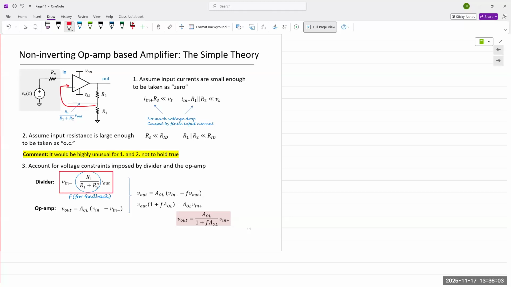Now let's designate R1 over R1 plus R2 as F, notation F for feedback ratio. Okay, so F is equal to R1 over R1 plus R2. Therefore, 1 over F is going to be R1 plus R2 over R1.